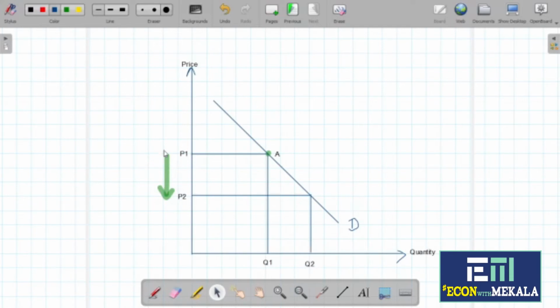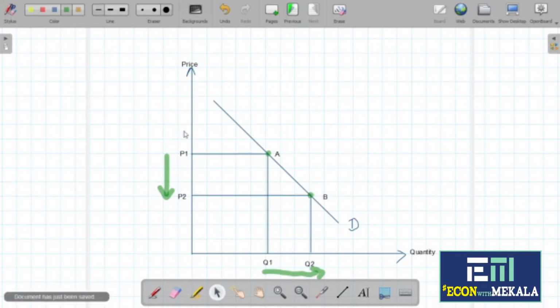So the prices decrease from P1 to P2, quantities increase from Q1 to Q2. When the prices were P2 and the quantity was Q2, at that point on my demand curve, I can mark this point as point B.